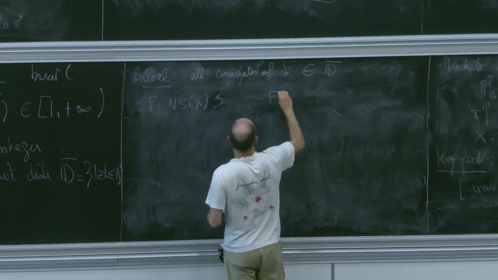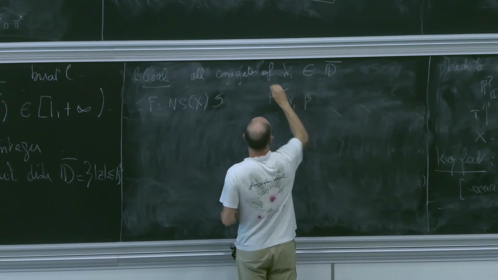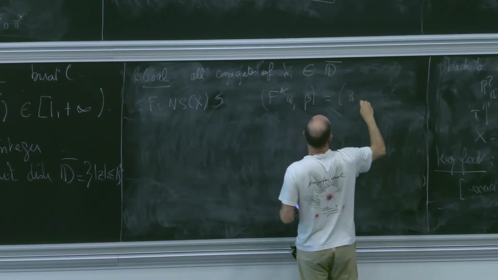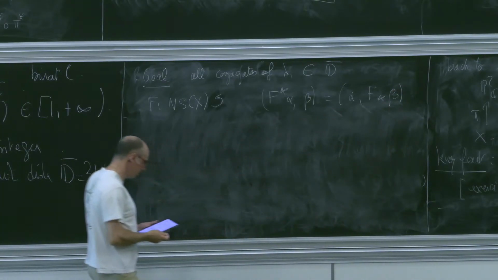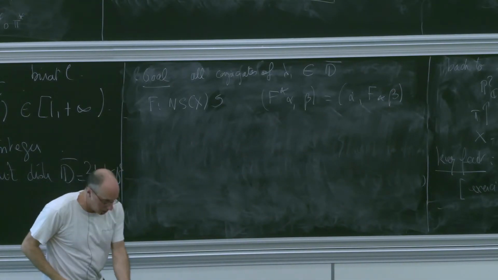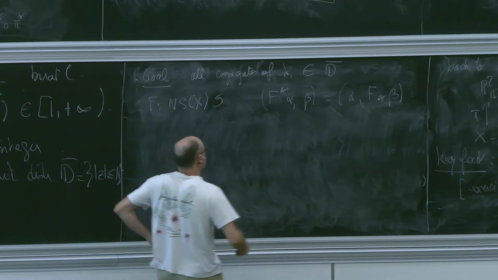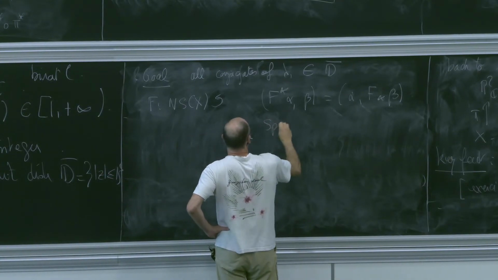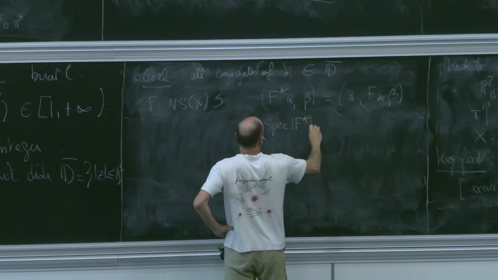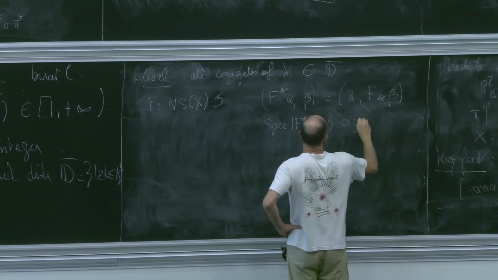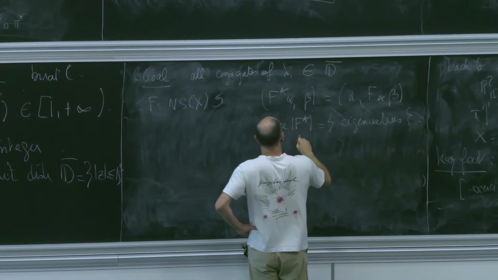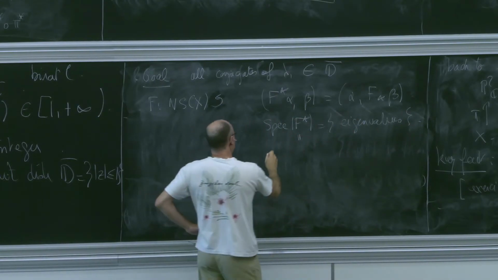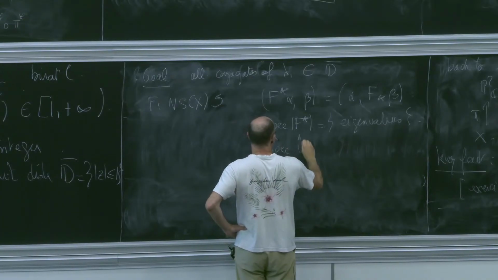And again, what I know is that the pullback is a transpose of the push forward. And so since the intersection form is perfect, it means that the spectrum, which is the set of all eigenvalues, of the pullback is the same as the spectrum of the push forward.